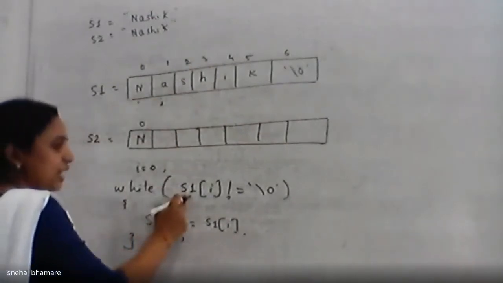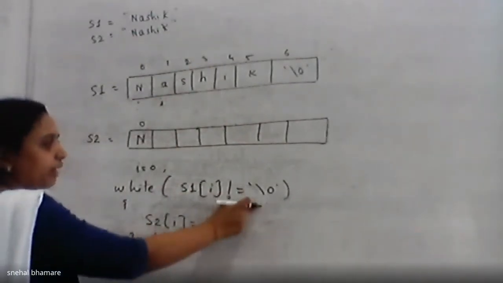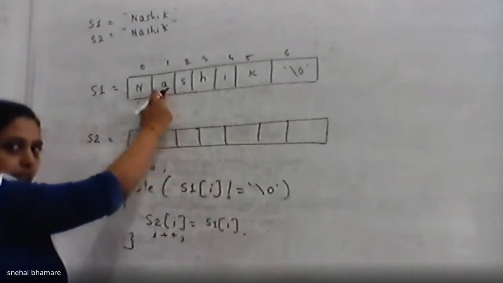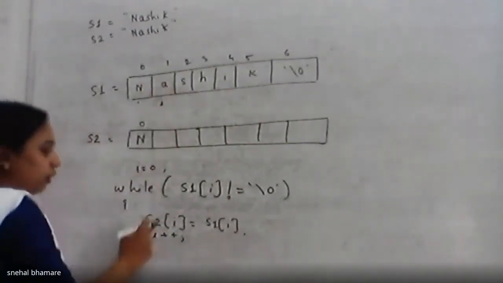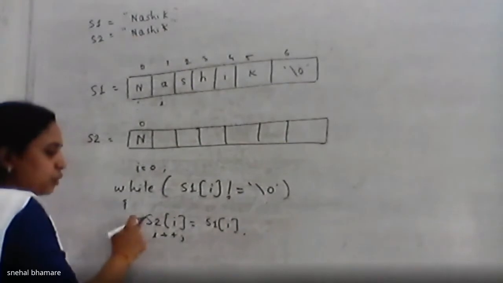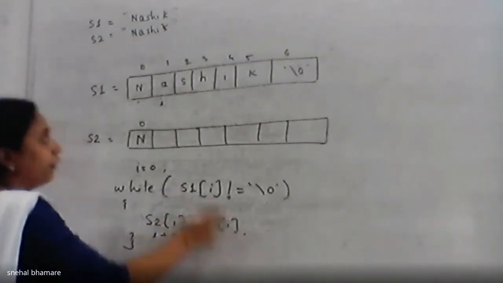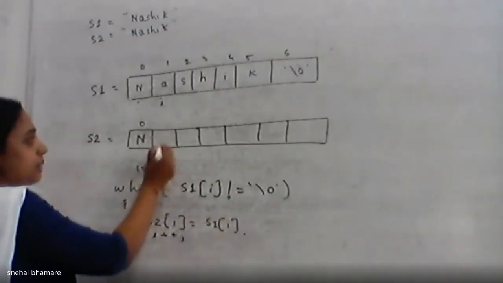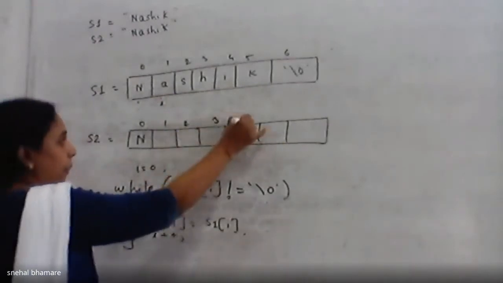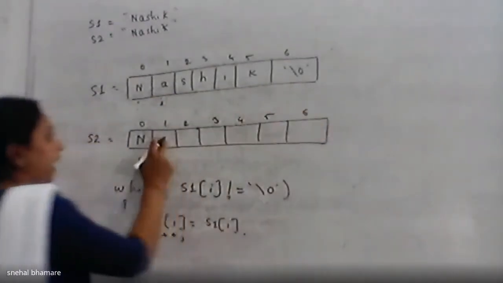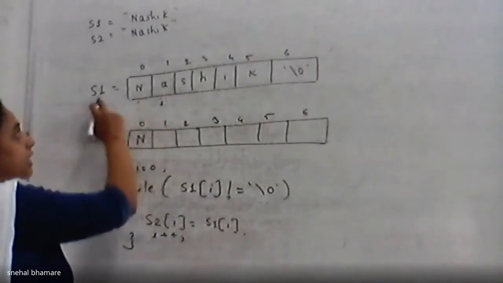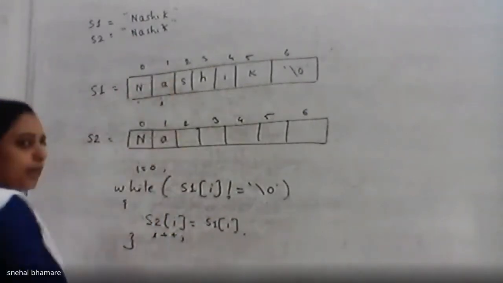Check the condition. S1 of 1 is not equals to slash 0. S1 of 1 is not slash 0, right? So of these two steps, that is S2 of 1 is equal to S1 of 1. S2 of 1, that means this location, will have the value of S1 of 1. S1 of 1 is A, so it will copy this.